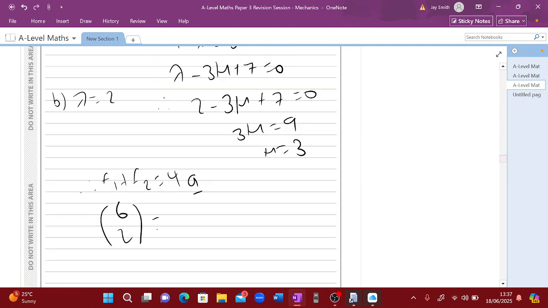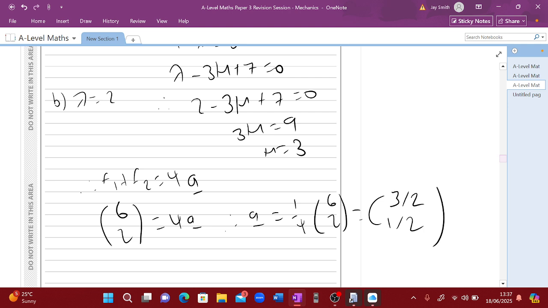And that's going to equal 4A. So therefore A is going to be a quarter of (6, 2). And again, you just divide each part by 4 or times each part by a quarter. Either way, you should get 6 over 4, which is 3 over 2, and then 2 over 4, which should be a half.